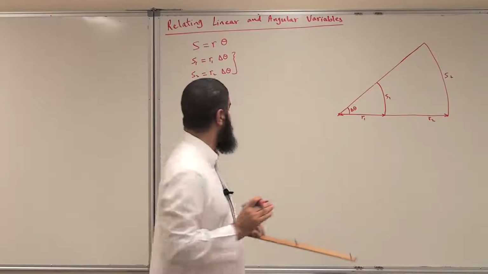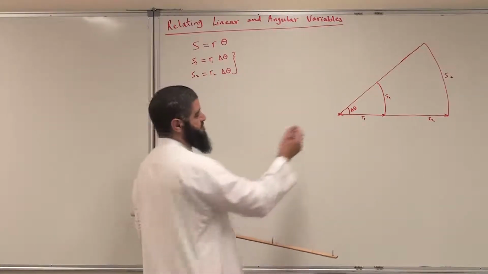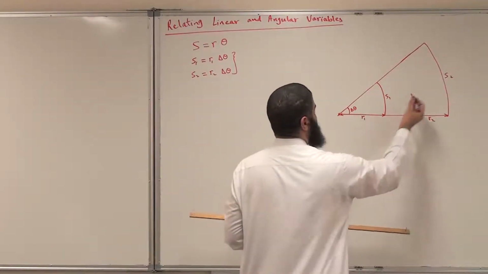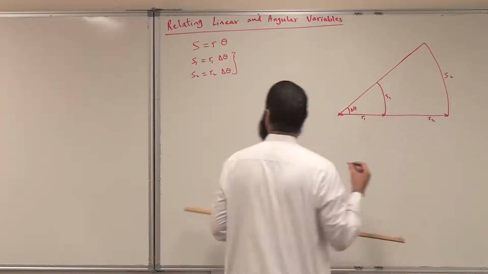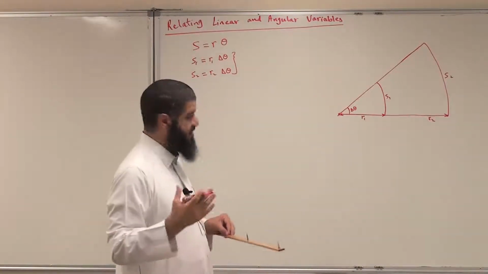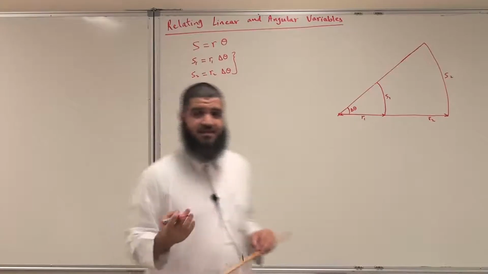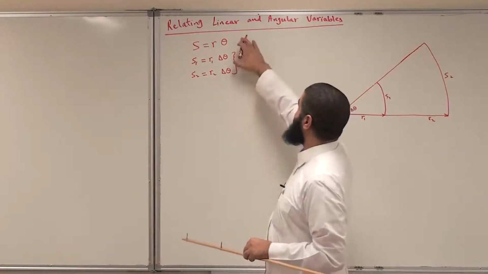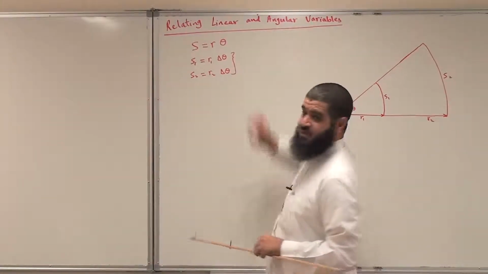From here it is very clear that S1 is smaller than S2 for further points. And from here we are relating the linear quantity to the angular quantity.